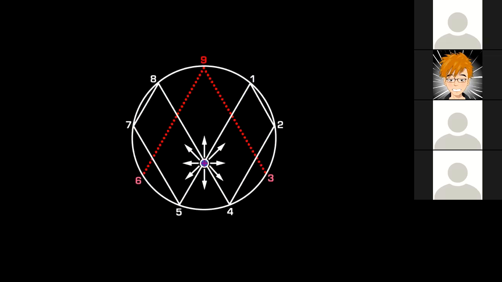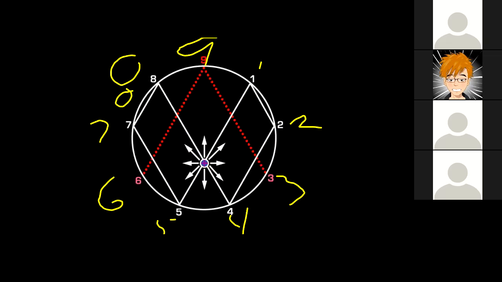If we look at the outside of the circle in the toroidal mathematics, it goes 1, 2, 3, 4, 5, 6, 7, 8, 9.